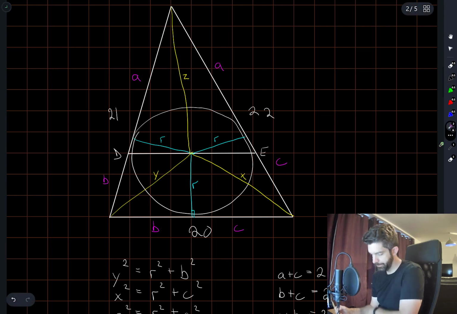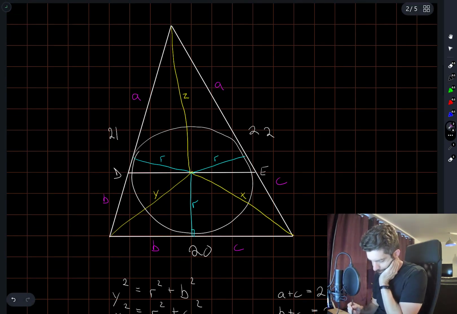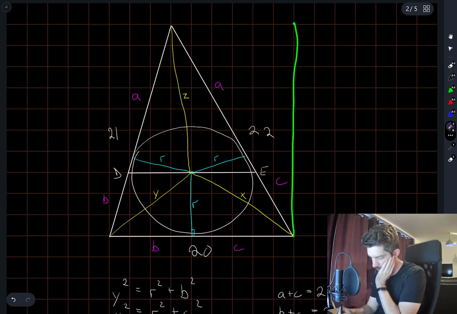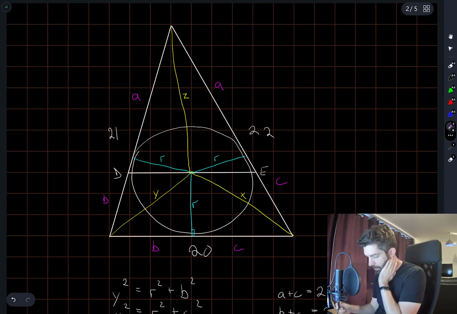But I mean, the reason I want to solve for r is that if I had the height of the triangle like this, and if I had r, then the ratio of this side to that side we could figure out.